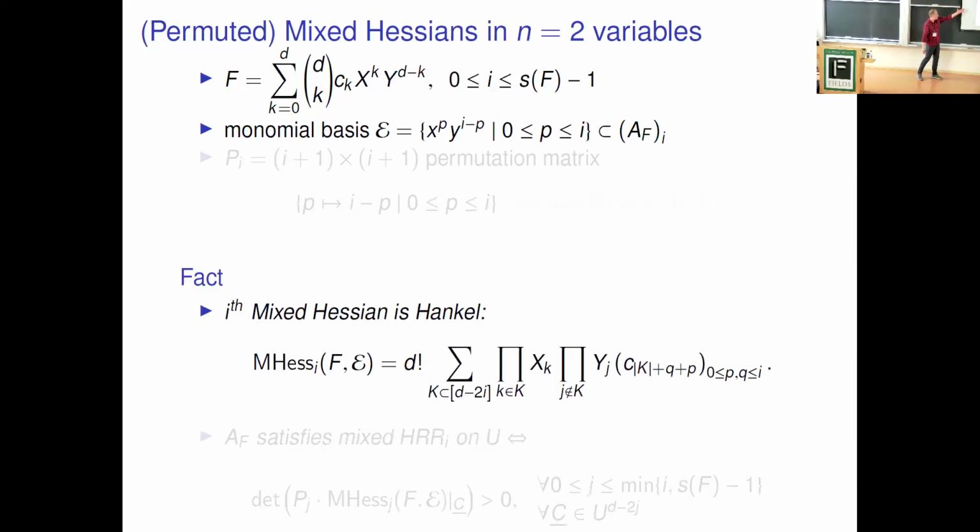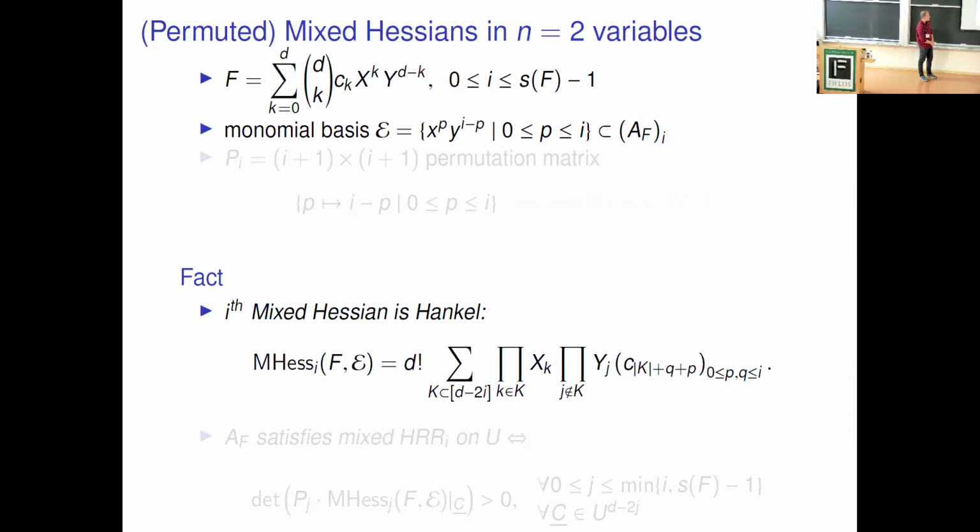And here's my first statement: the ith mixed Hessian is a Hankel matrix. In fact, you can even show that in two variables, it has this really nice form. It's like a mixed polynomial with matrix coefficients, Hankel matrix coefficients formed by these normalized coefficients of your polynomial. That's why I normalized, by the way, so this would all work out.